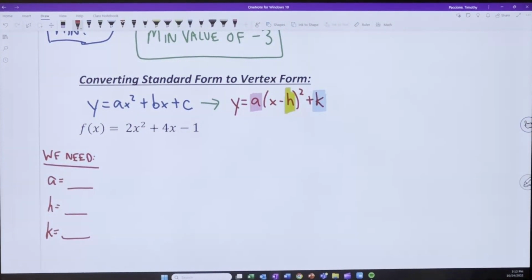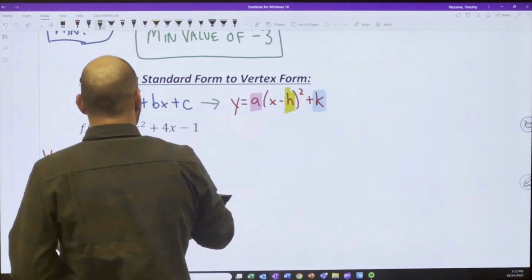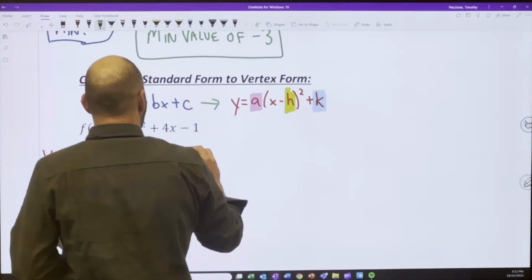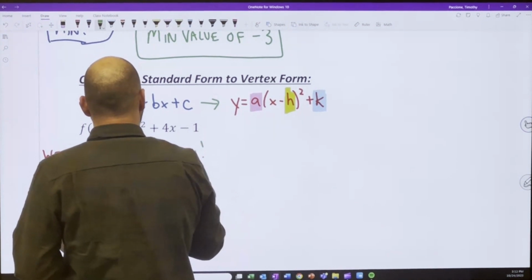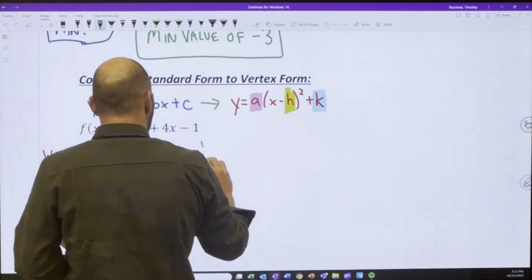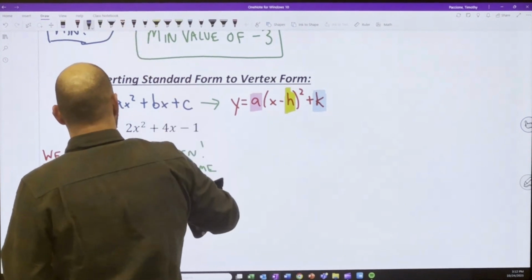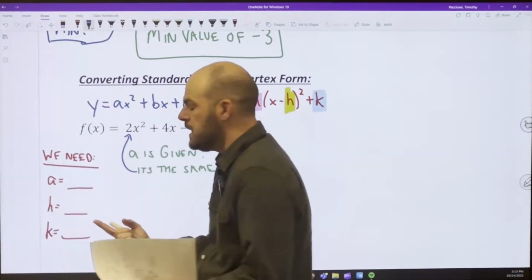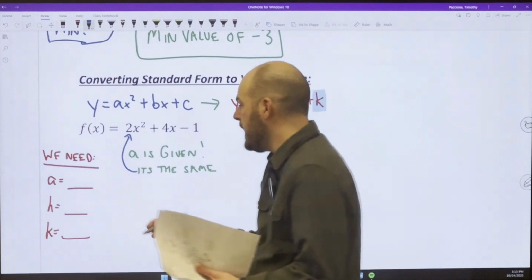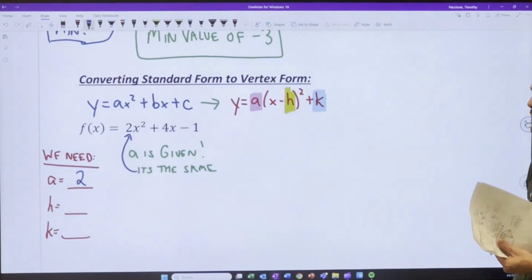Yep, it's already there. A is given. So a is easy. It's the same. It's right there, right? It's already given in the first equation. So our a is 2. Okay, so we got our a.